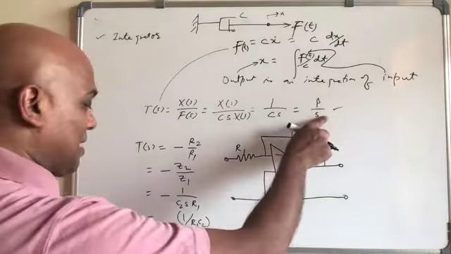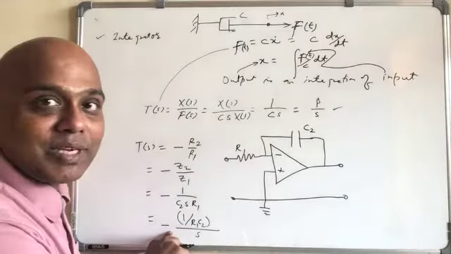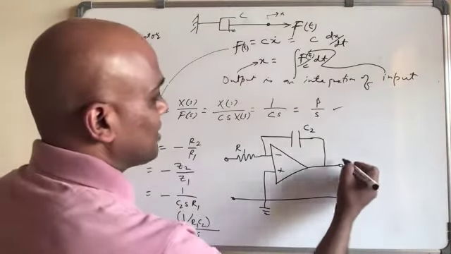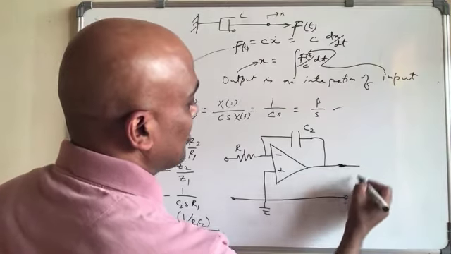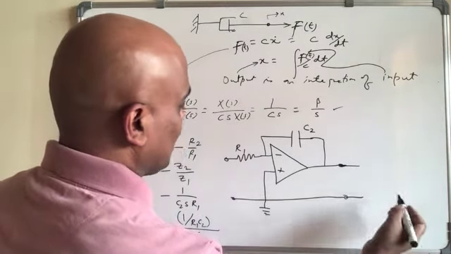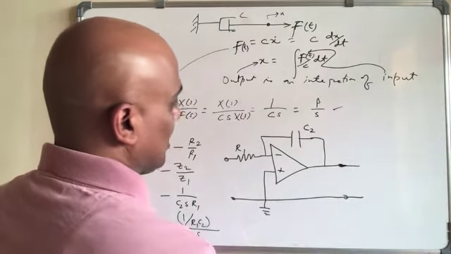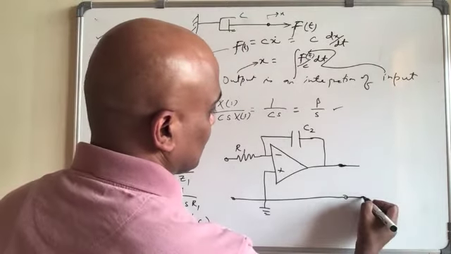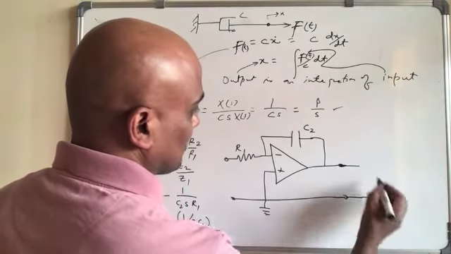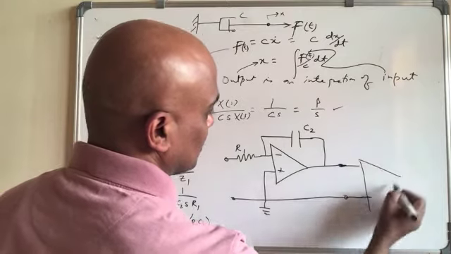We get something of this type already, but the only thing is there's a negative here, so we can make it positive. So how do you do that? We are going to add another circuit here. We can do it like this, right?